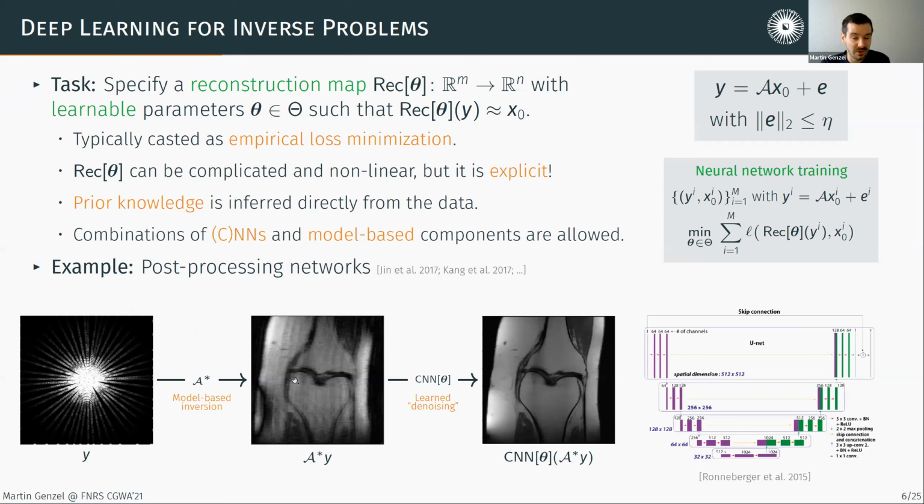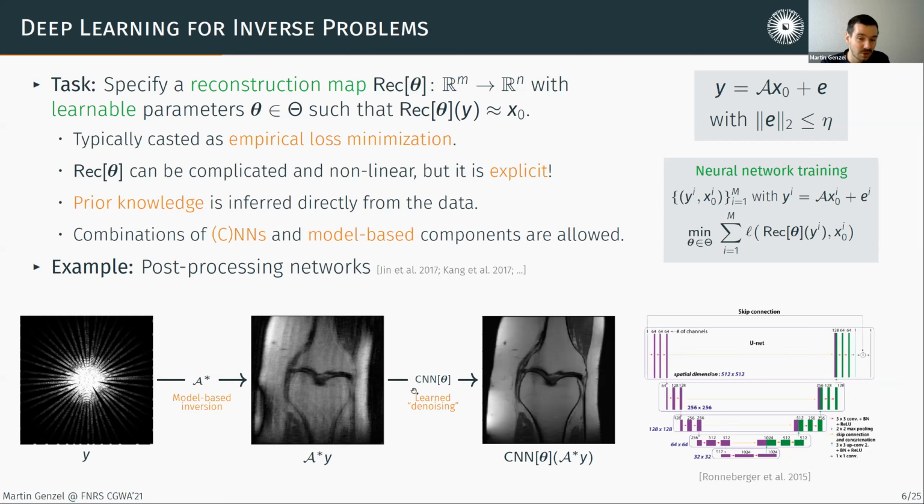So this will give you a very cheap, very quick model-based inversion, which certainly has some artifacts due to the undersampling. And then the idea is to just learn a neural network that enhances these images of artifacts to give you hopefully a good, clean reconstruction. So basically the purpose of the neural network, which you learn, is to remove these artifacts, right? And I mean, I'm speaking of convolutional neural networks.